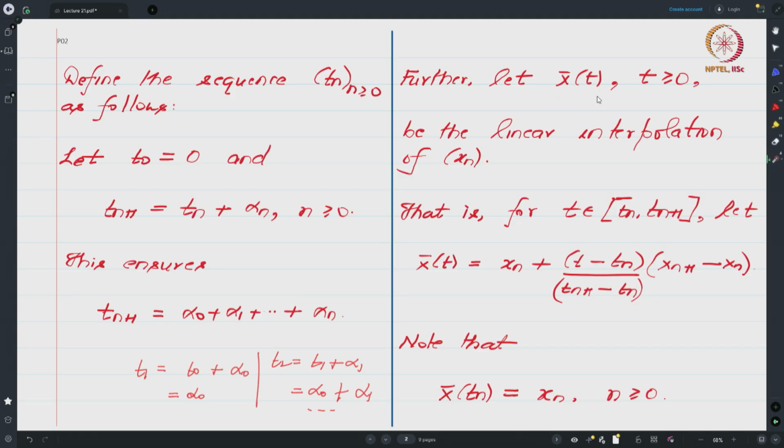This is a continuous function of time, and we will presume that time ranges from 0 to infinity, and the way we will define this linear interpolation is as follows. We will split the whole timeline.